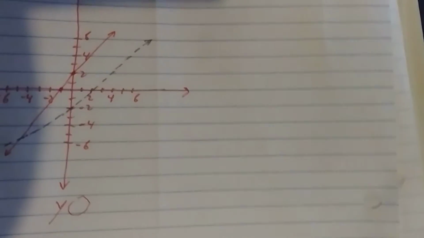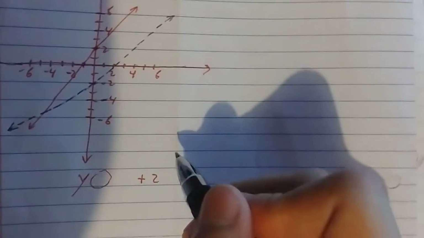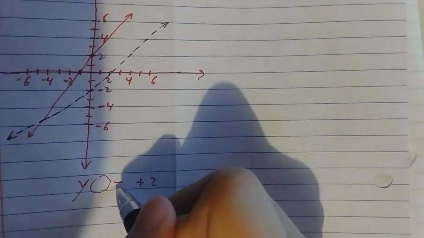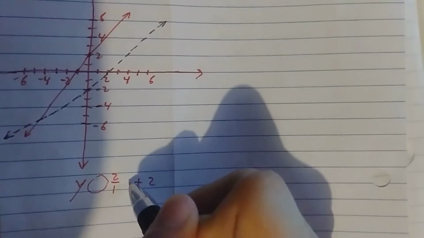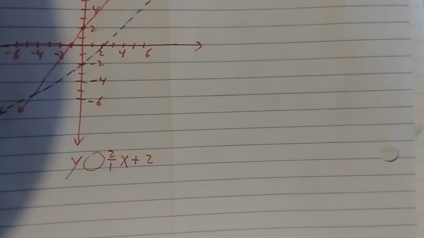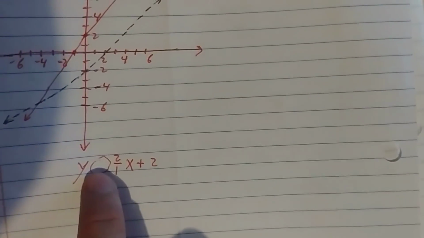So y-intercept is 2 plus, and it has a positive slope of 1 over and 2 up. The only thing that I'm missing here is my sign.